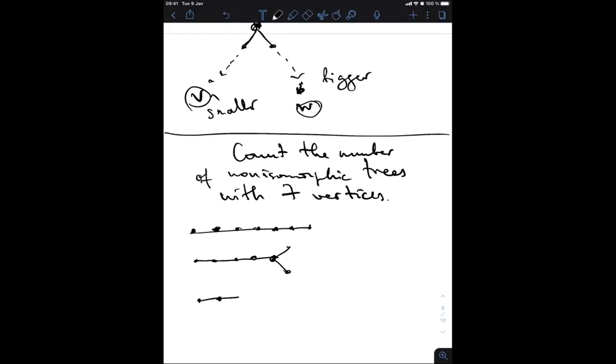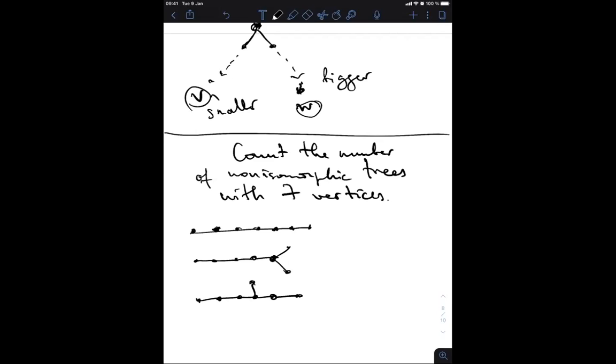Can we get another one? So we can also have a situation like this, just one vertex of degree 3. It can be either in this position or in that position. And these are the only possibilities, because if we move it further to here, this would be isomorphic to itself.